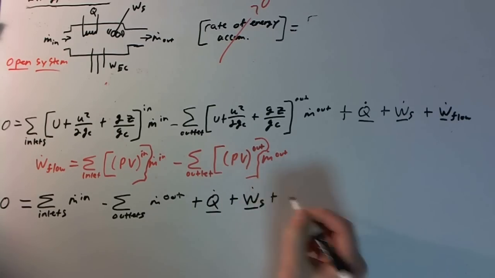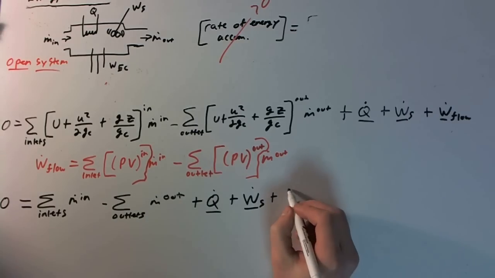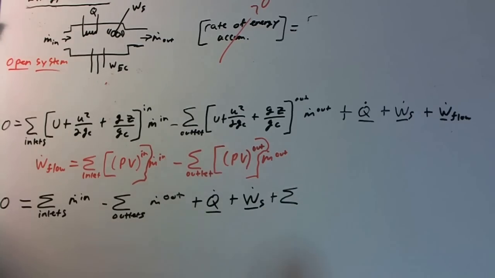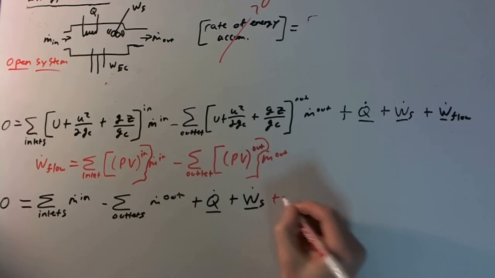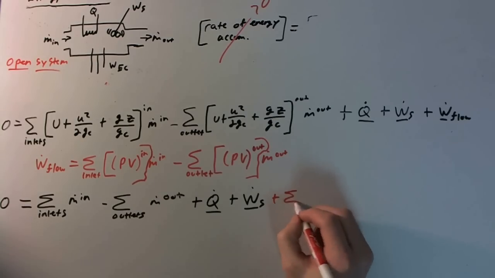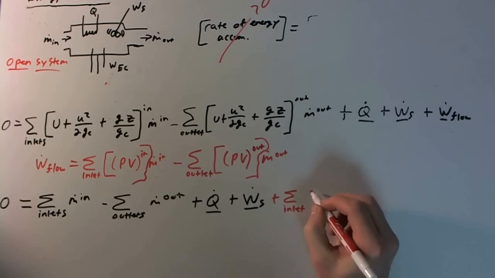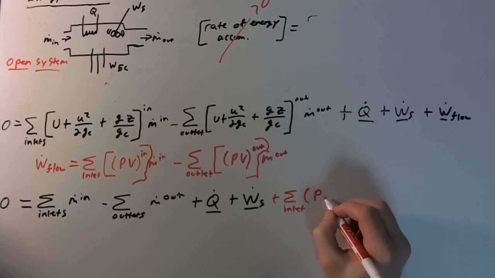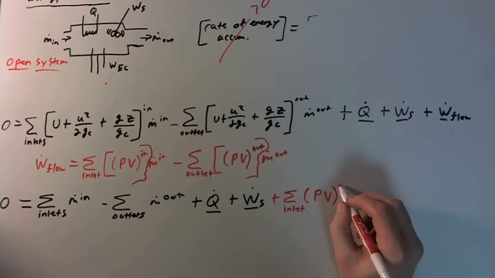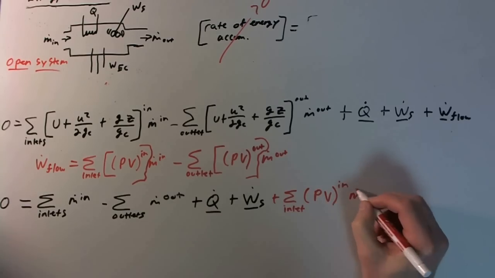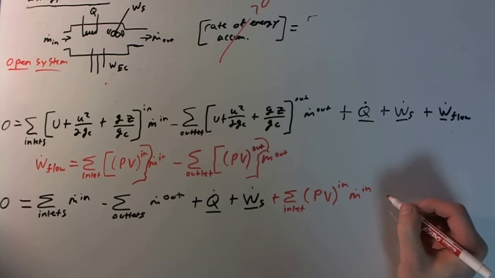Now we have our flow rate, so then this comes in here. Plus the sum, actually, you know what, let's do this in a different color so you can see it better. Plus the sum, basically just this, right? So this is the sum of inlets of the pressure times volume in times the mass flow rate in, right?